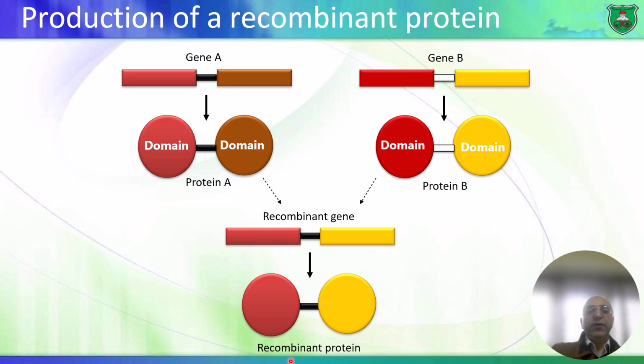So we produce a recombinant protein that has two different domains from two different proteins. Remember that this domain maintains its function, and this domain maintains its function as well.